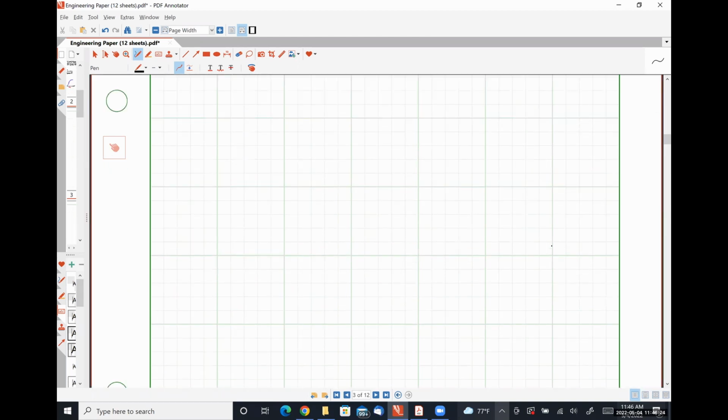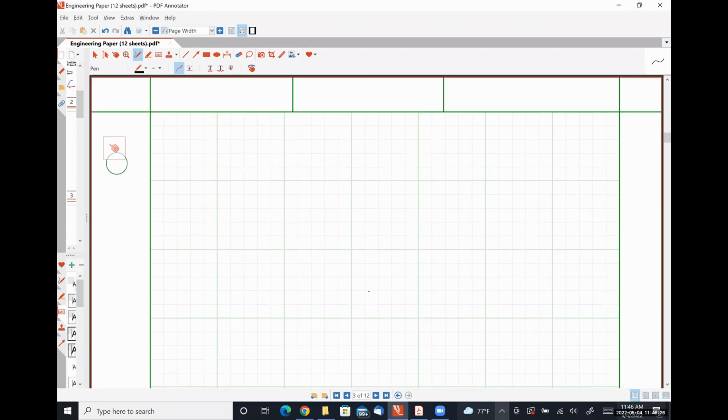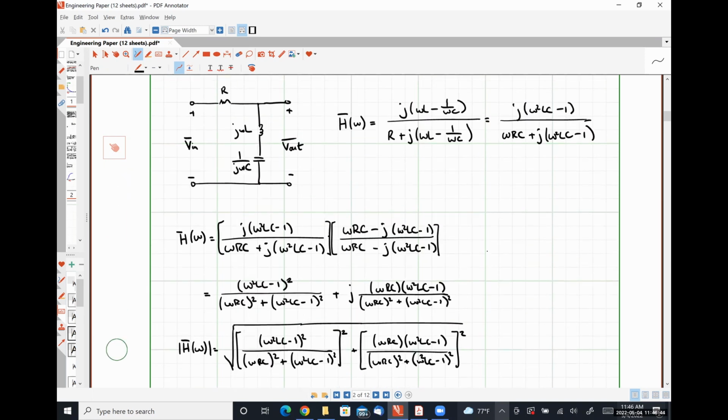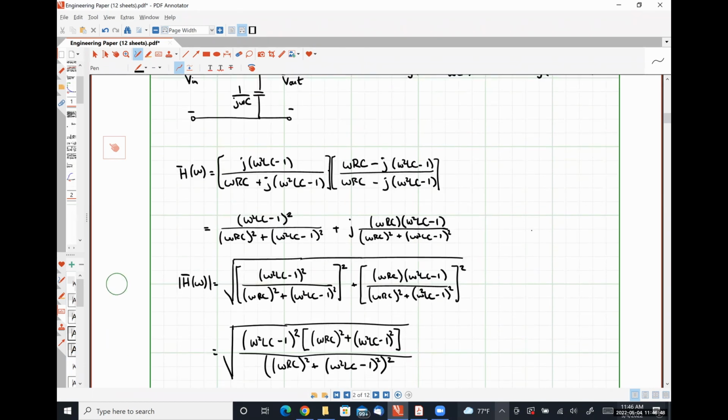And finally here, our phase response theta as a function of omega will be the inverse tangent of the imaginary part, which is here, omega RC.